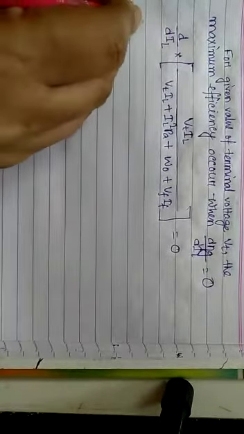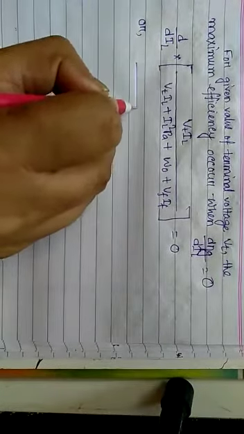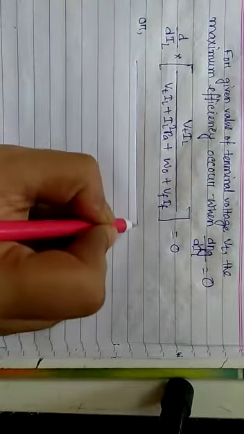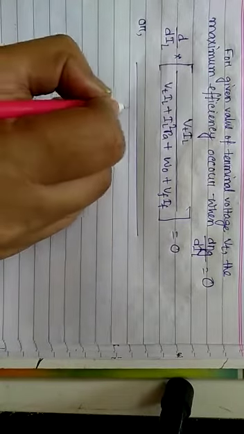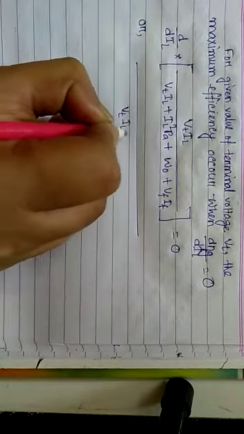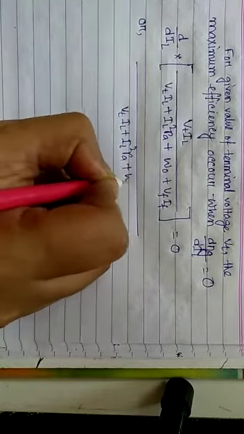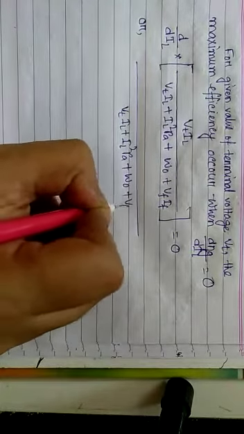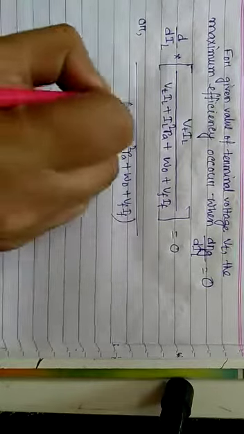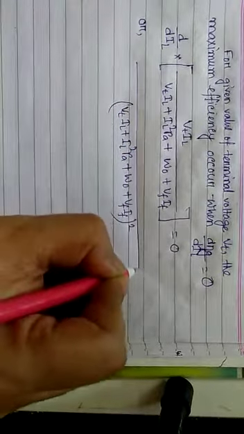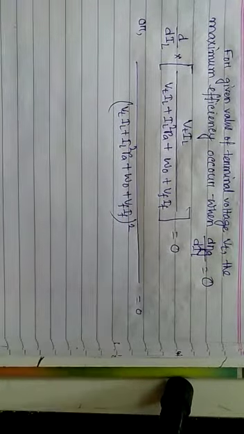Next step, we simply take the derivative of this, and this should be equal to 0.